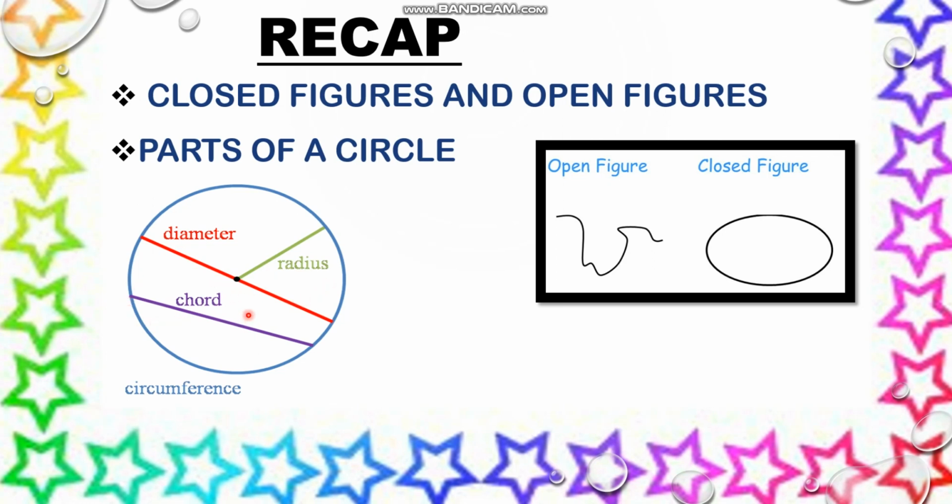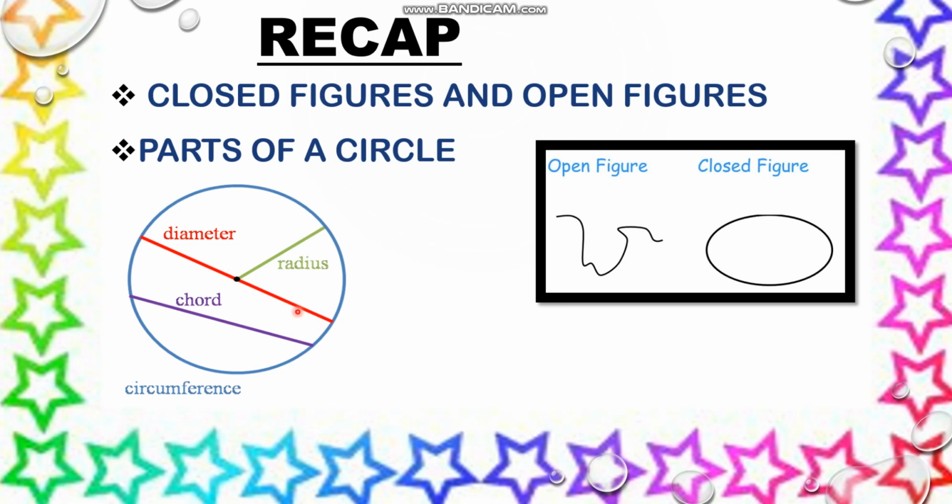Now the next is chord. A chord is a line segment which joins any two points of a circle. So this is the chord, and the diameter is the biggest chord in a circle.